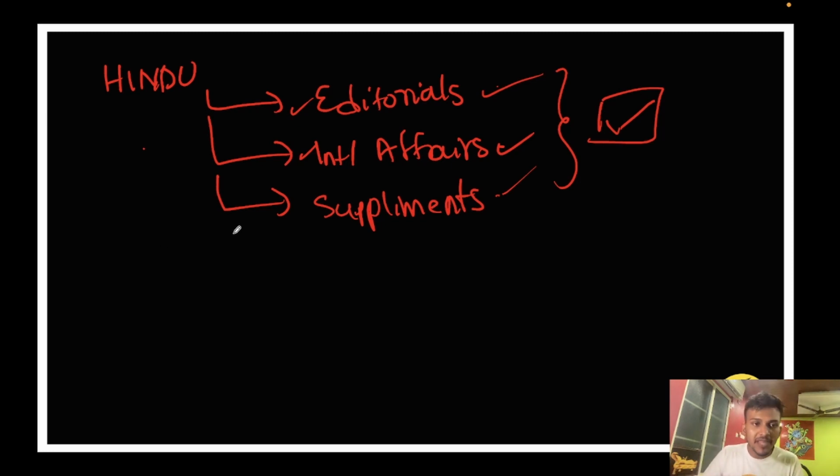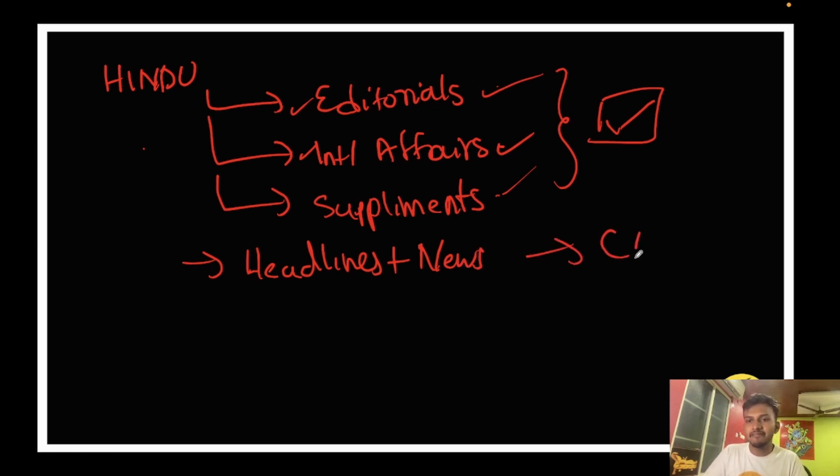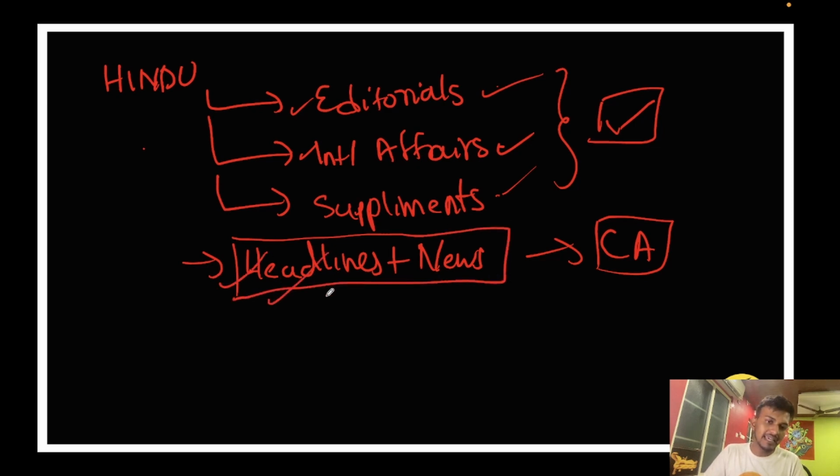But apart from that, reading headlines and news is definitely highly recommended, because you need current affairs also, right? For current affairs you have to read the newspaper. Therefore, this is also highly recommended. But first, read editorials, international affairs, supplements, then come to headlines and news.